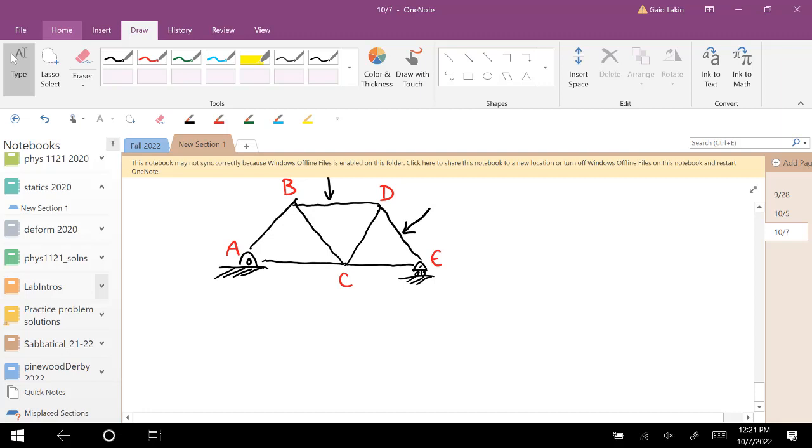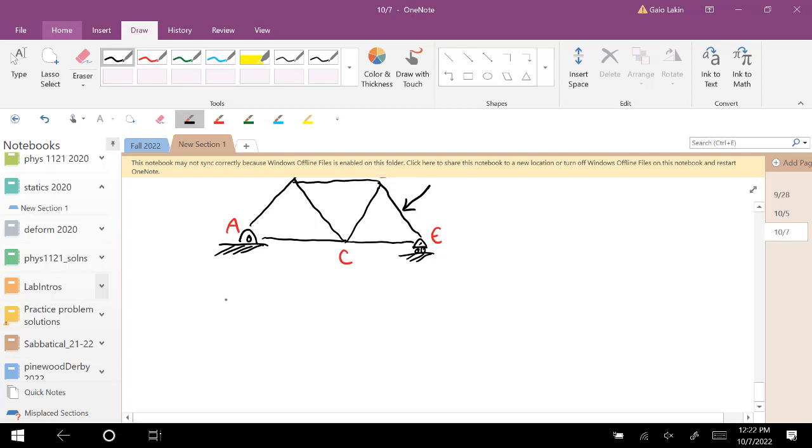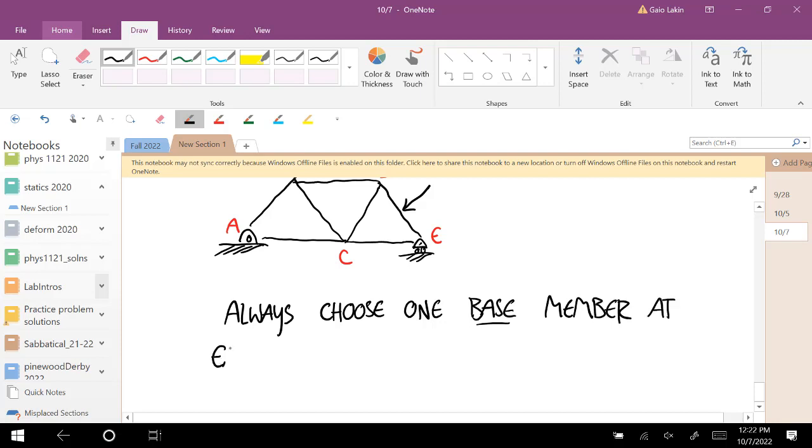So what you need to do in that case is always choose one base member at every joint that other bodies are connected to.